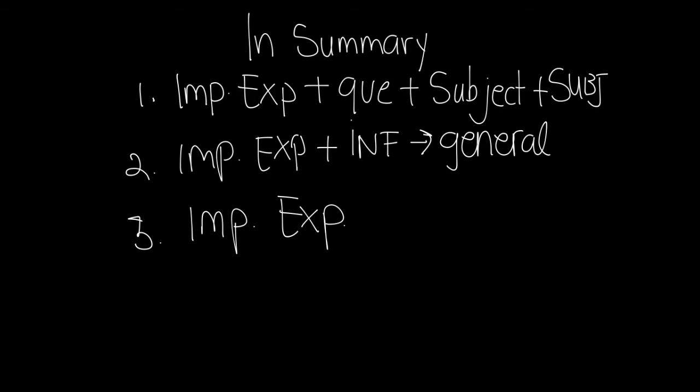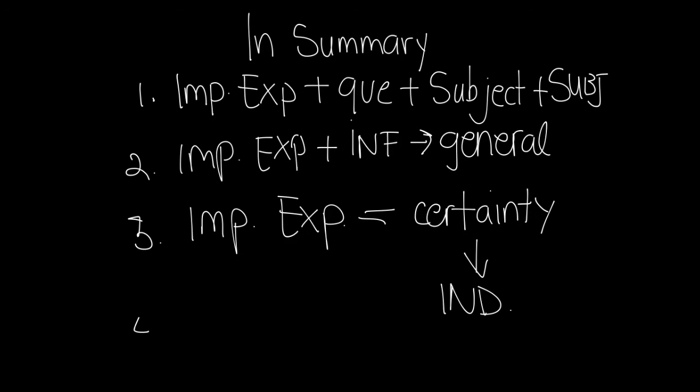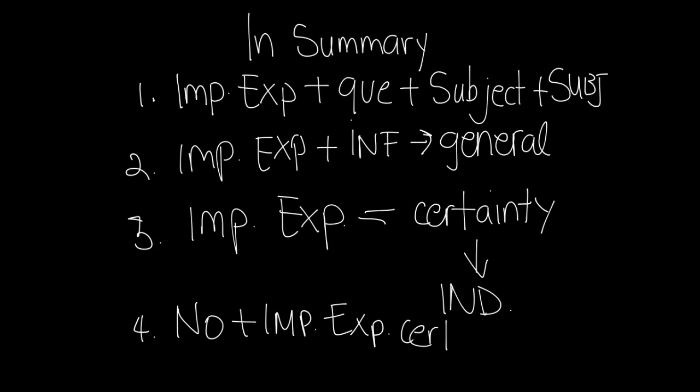If I have an impersonal expression that expresses certainty, then the verb is going to be in the indicative. And if I have a no before the impersonal expression of certainty, then I'm going to use the verb in subjunctive.